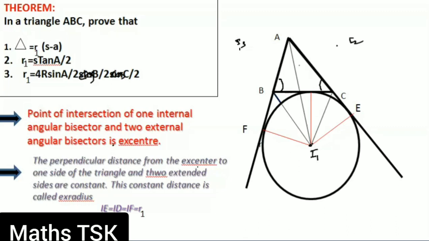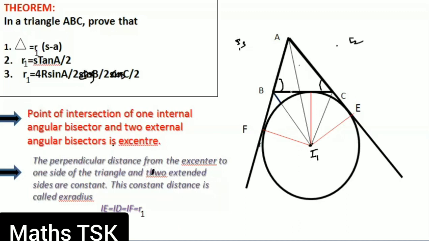The perpendicular distance from the excenter I1, I2 or I3 to one side of the triangle externally, and to the two extended sides, are constant.